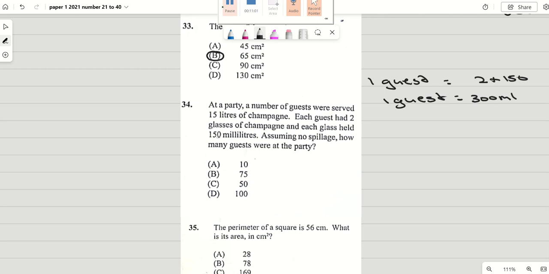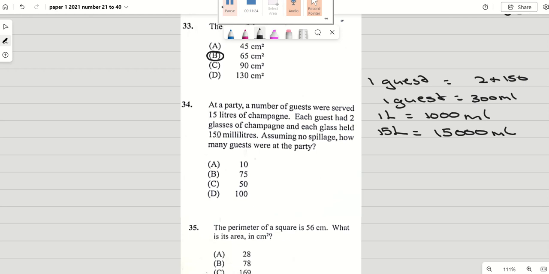First off, we're going from 15 liters to, we have liters and milliliters. 1 liter is equal to 1,000 milliliters, right? So once you know that, then 15 liters would be 15,000 milliliters. So we're going to do an if-then-therefore.